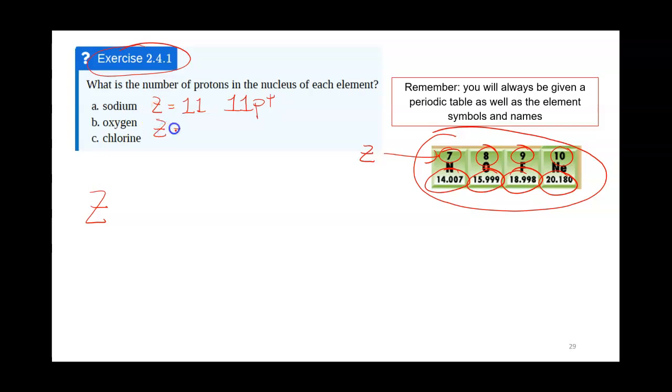For oxygen, we can see from the periodic table that the atomic number is 8, and so that means there are 8 protons in the nucleus. For chlorine, if we look up the atomic number, we see that it is 17, and so that means there are 17 protons in the nucleus of a chlorine atom.